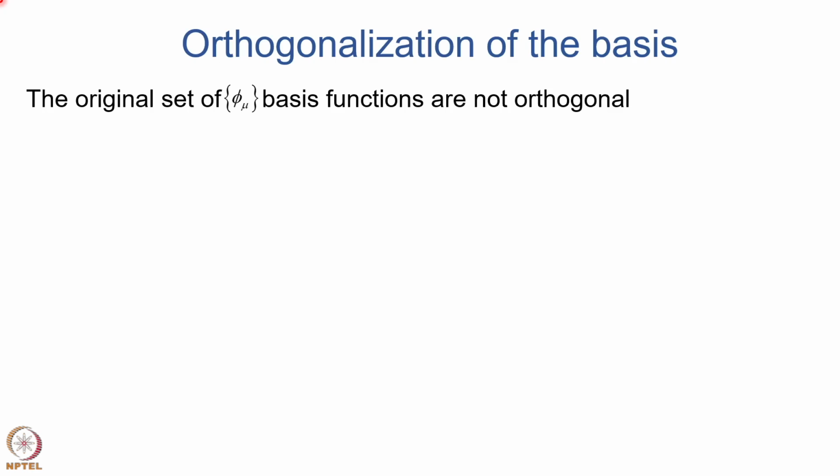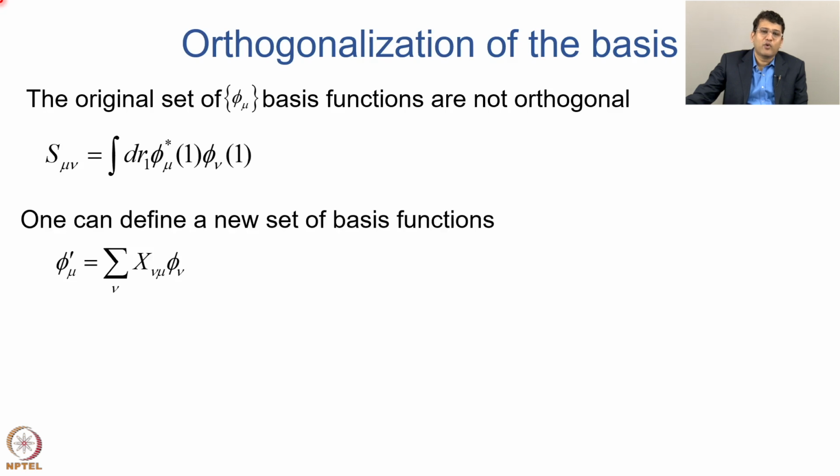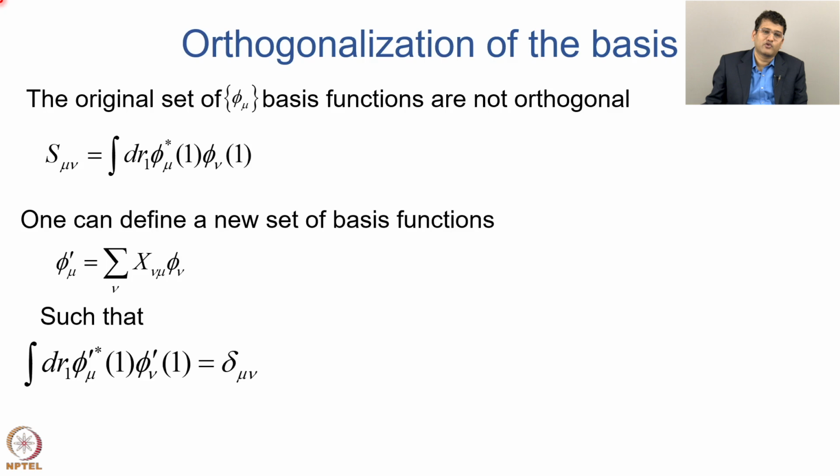Now, the main problem is that my S matrix is not diagonal, because my original set of basis functions phi mu are not orthogonal. So one can define a new set of basis functions which are orthogonal, phi mu dash, and if I calculate the overlap between the phi mu dash, they are just diagonal. You see a Kronecker delta here.